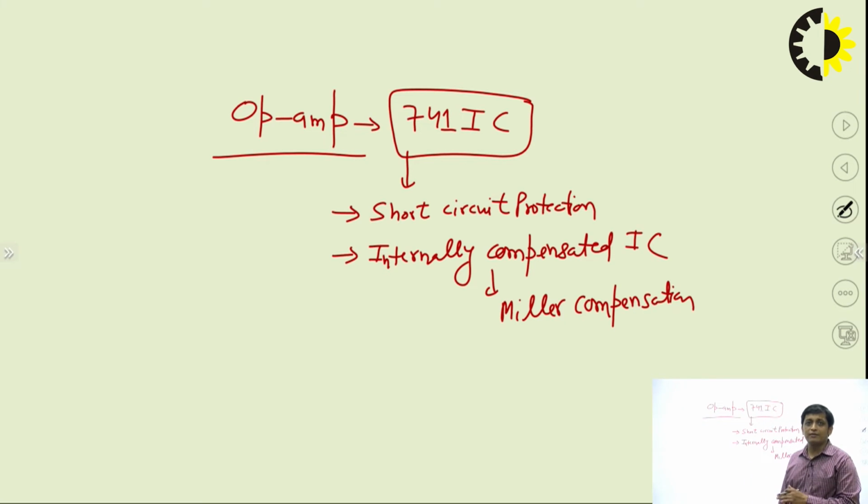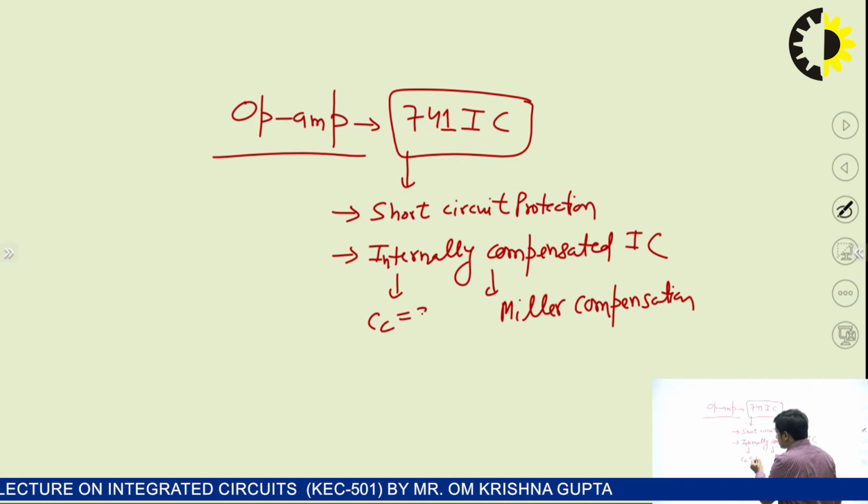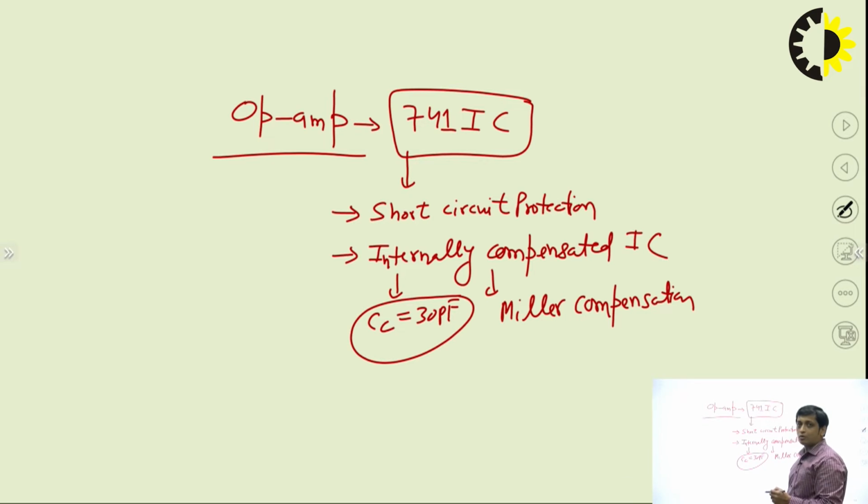In case of 741 IC, there is already a capacitor CC, called the compensation capacitor, of the value 30 picofarad inside the IC, and its role is to stabilize the IC.